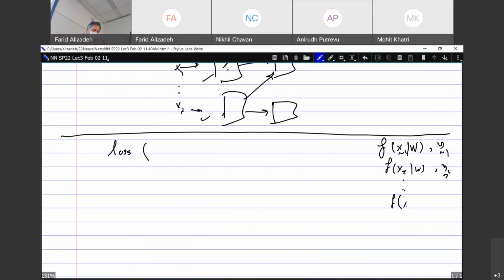I have n data points and Y. So I have these data points and the corresponding Y's. These are the observed Y's. This is what the predicted Y is. Let's call it Y hat.